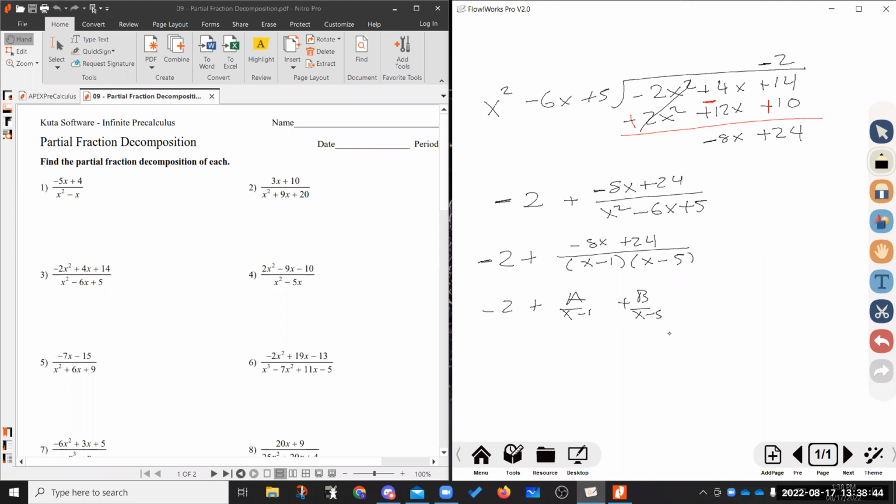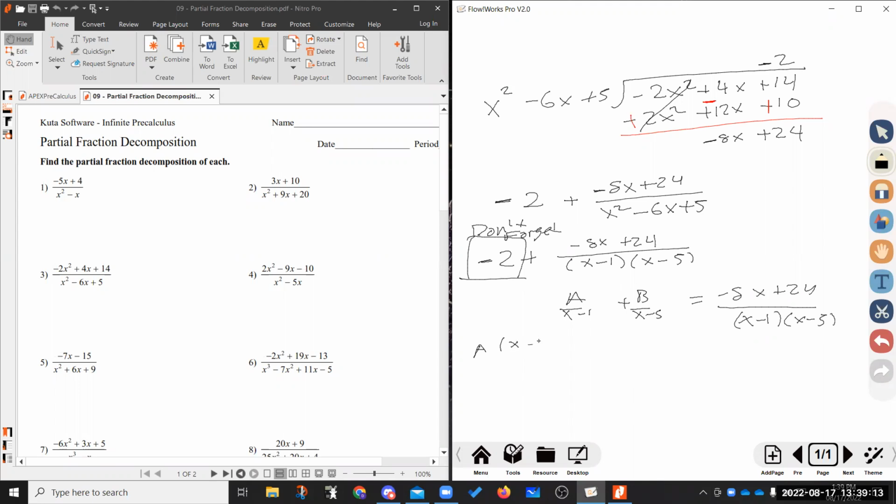And I'm really only worried about this -8x plus 24 over x minus 1 times x minus 5 at the moment. We're going to come back and put that -2 in the answer. Don't forget this. It's part of the answer. But we're just doing some scratch work on the side right now.